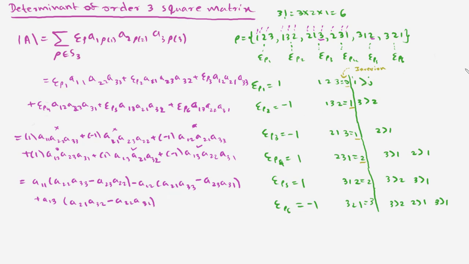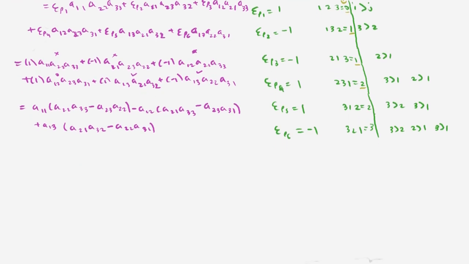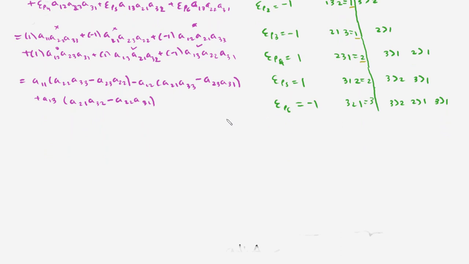So now I assume you can see the pattern. So there is a specific pattern. So let me draw the order 3 double suffix notated matrix first, so you will see the pattern. So A11, A12, A13, A21, A22, A23, A31, A32, A33.